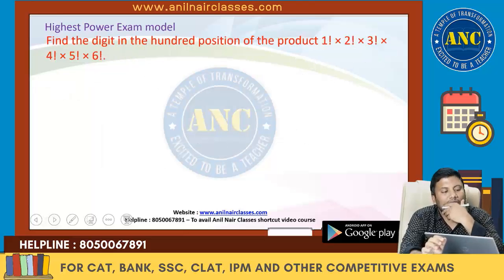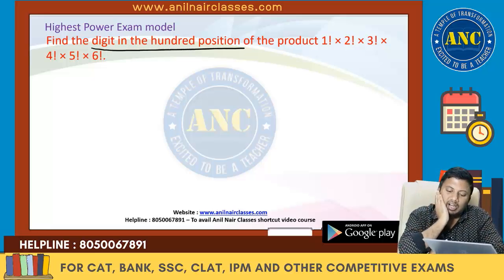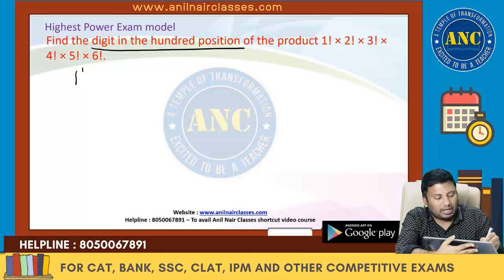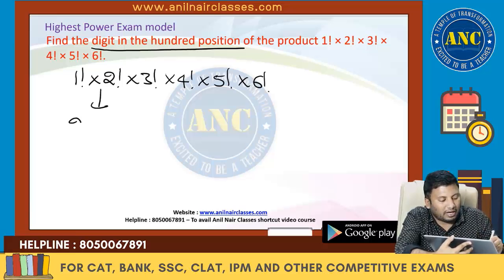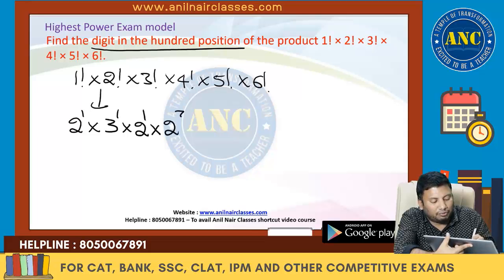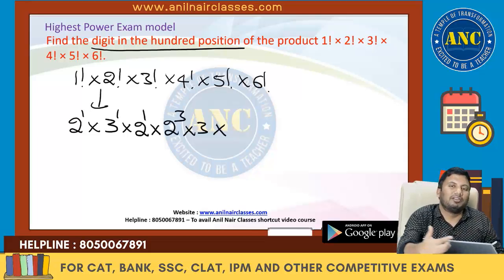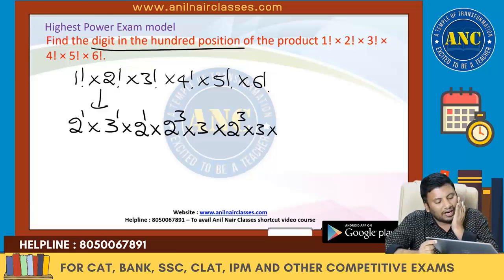Easy question, sir. Find the digit in the hundreds position of the product. The product is 1 factorial into 2 factorial into 3 factorial into 4 factorial into 5 factorial into 6 factorial. 2 factorial is 2 power 1. 3 factorial is 3 power 1 into 2 power 1. 4 factorial is 24, which is 2 cube into 3. 5 factorial is 120, which is 2 cube into 3 into 5.